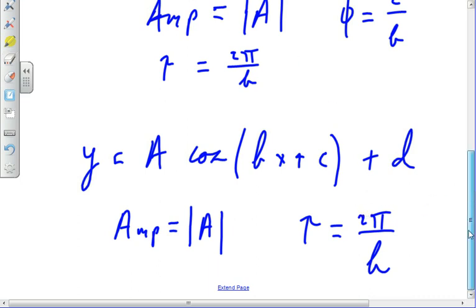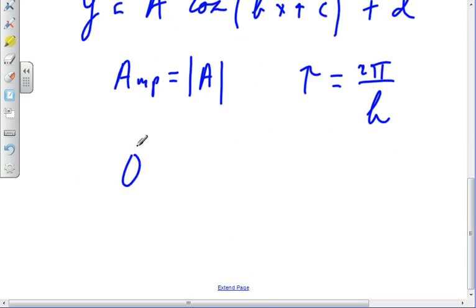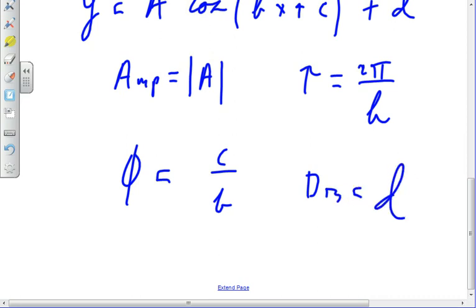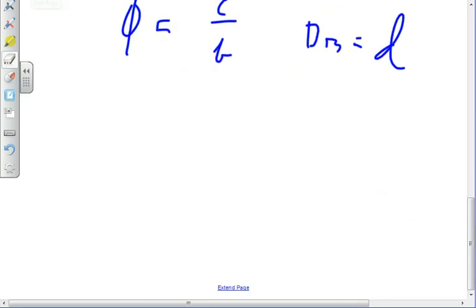Tomorrow. Typical. And what's the phase shift? What's the displacement? All right, so that covers just about everything. That's review from Monday, because I know you forgot it already.